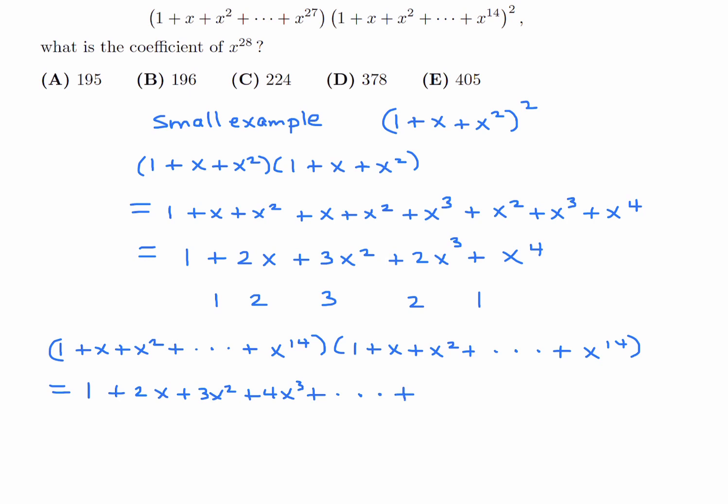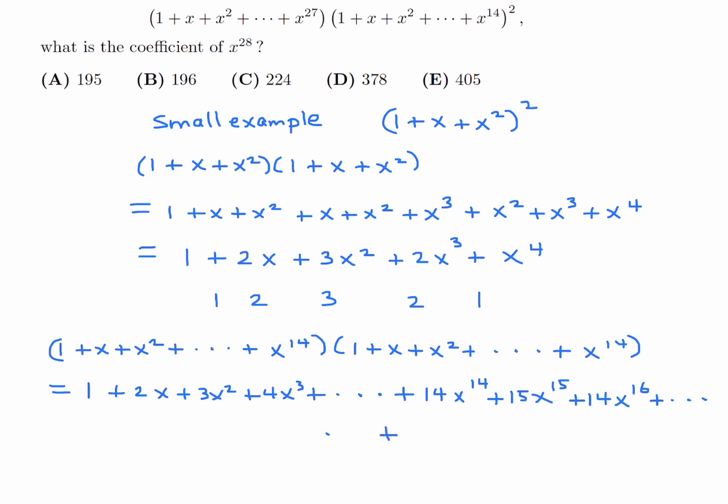And eventually in the middle, you will get something like 14 x to the power of 14 plus 15 x to the power of 15 plus 14 x to the power of 16 plus dot, dot, dot.